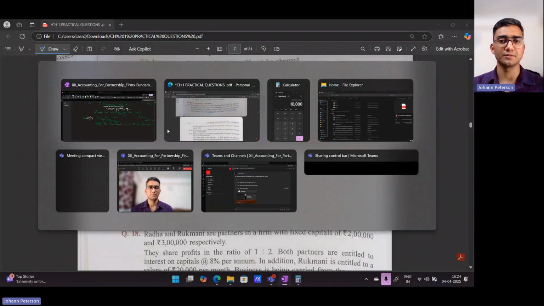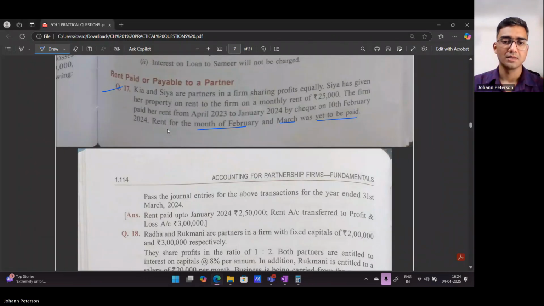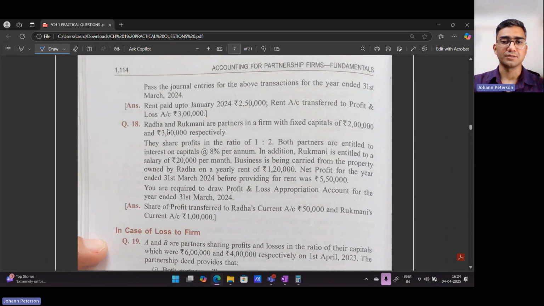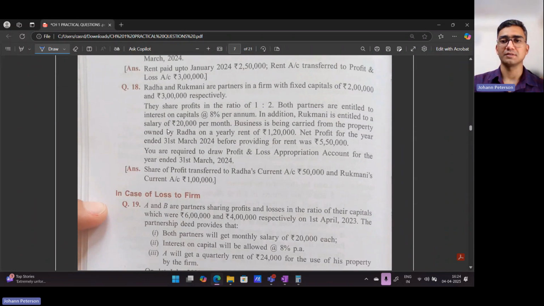Next, after this, let's see what is it. Okay, so it says Radha and Rukmani are partners in a firm with fixed capitals of 2 lakh and 3 lakh respectively. They share profits in the ratio 1:2. Both the partners are entitled to interest on capital at 8% per annum.